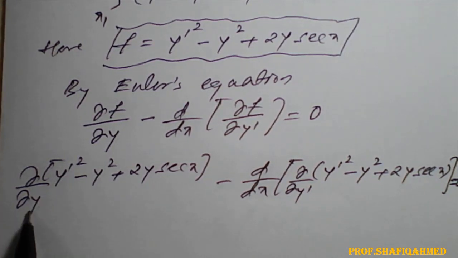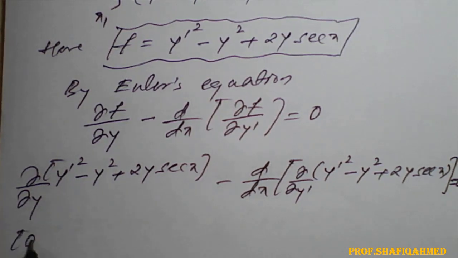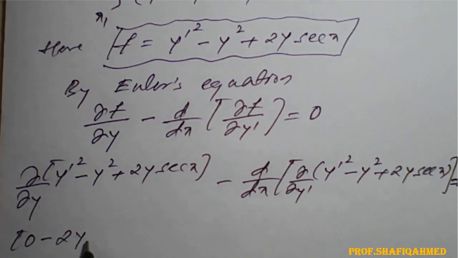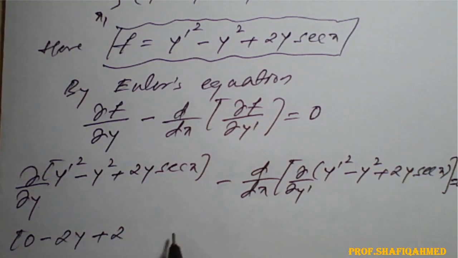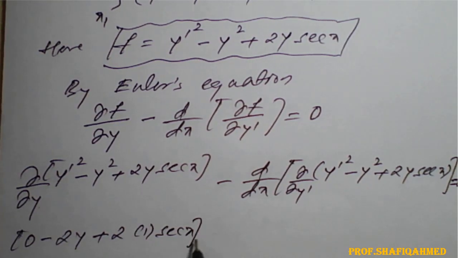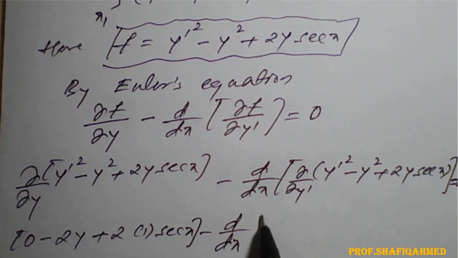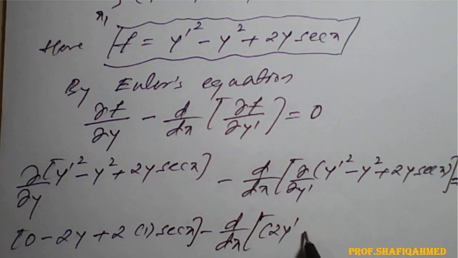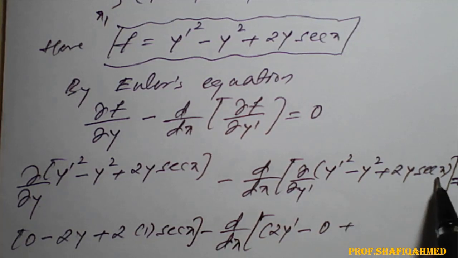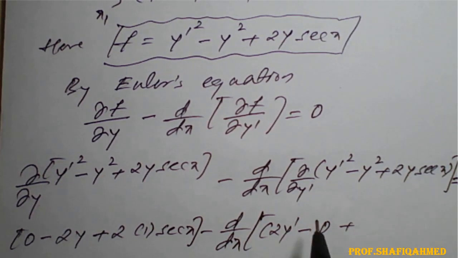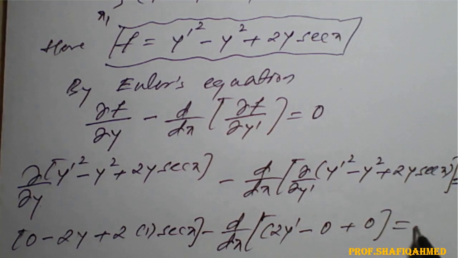So y dash square with respect to y is 0, minus y square, the partial derivative of y square with respect to y is 2y, plus 2 and secant of x is a constant, the partial derivative of y with respect to y is 1, minus d by dx of the partial derivative of y dash square, which is 2y dash, minus the partial derivative of y square with respect to y dash, which is 0, plus 2y secant x is a constant, so with respect to y dash this is also 0, equal to 0.